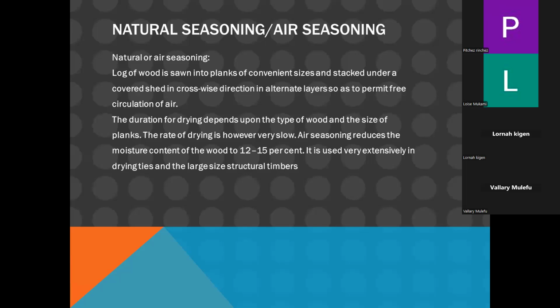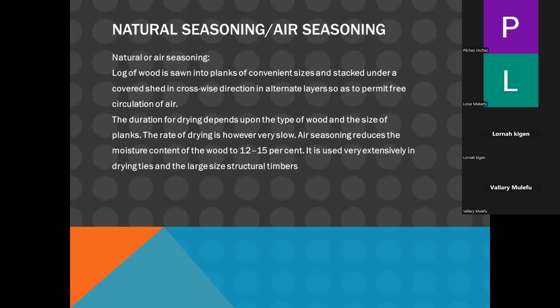Then we put them under a shed whereby circulation of air is free to allow uniform seasoning. The duration of drying depends upon the type of wood and the size of the planks.